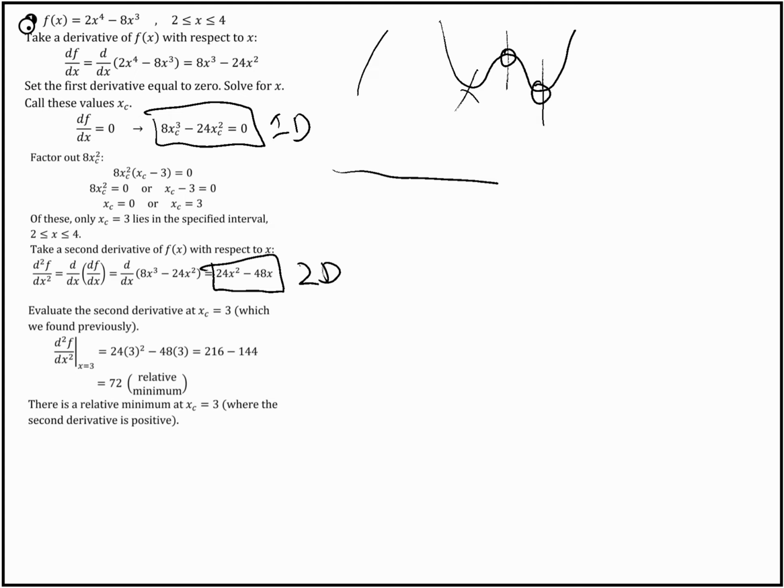And then get these values, and you get 72. So since your second derivative is greater than 0, it's going to be a relative minimum right here. So that's a minimum. Now, we aren't doing x is equal to 0 because our interval is 2 to 4, and only 3 lies in that interval. So that's it.